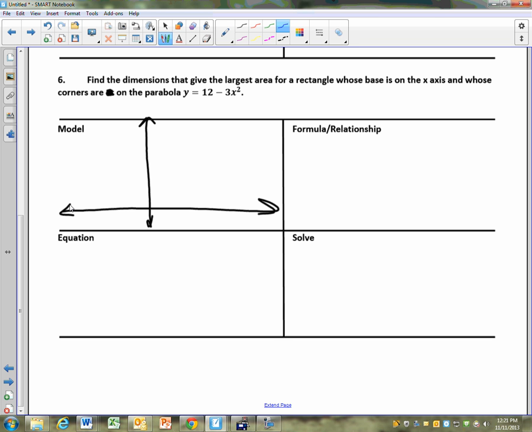12 minus 3x squared, what shape does that make? Parabola goes upside down, shifted up 12 units. So I got this parabola. What do I draw on the inside? What shape goes on the inside? A rectangle. What am I trying to do to that rectangle?